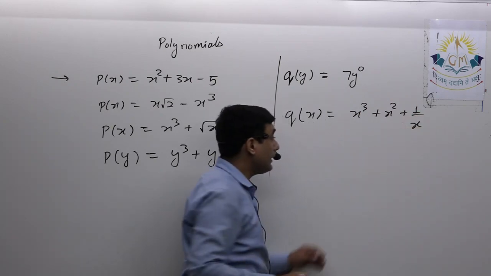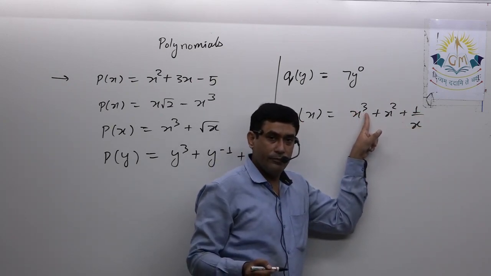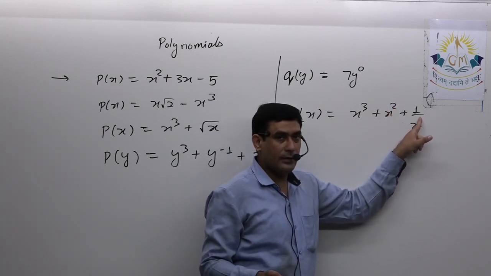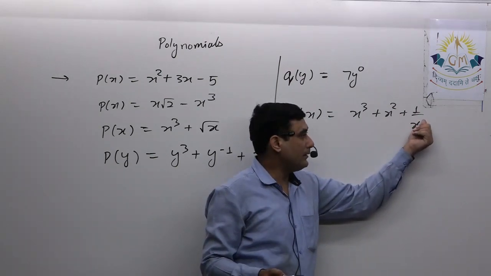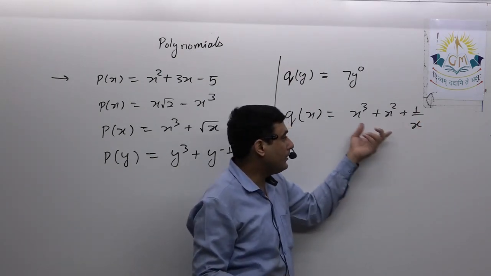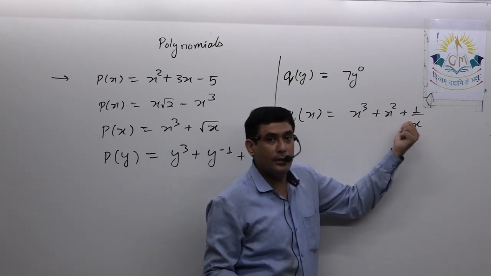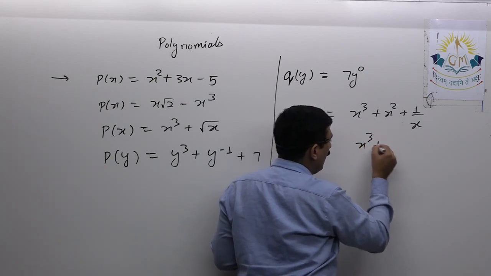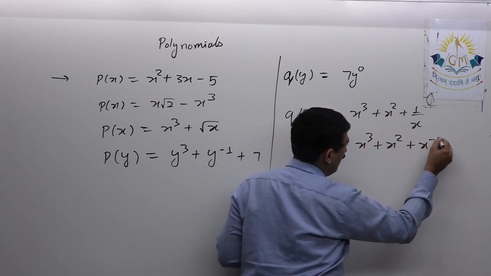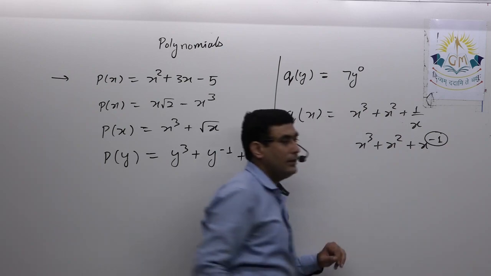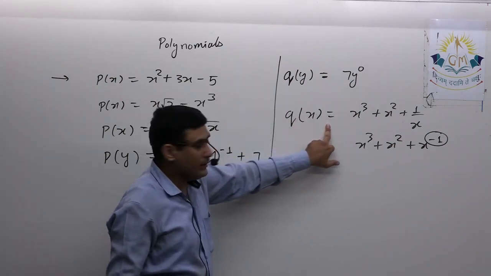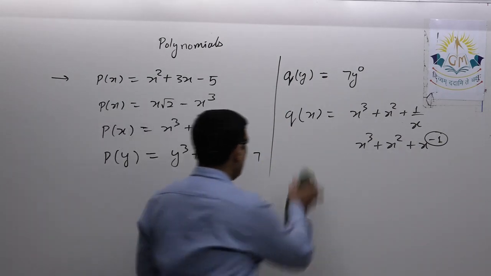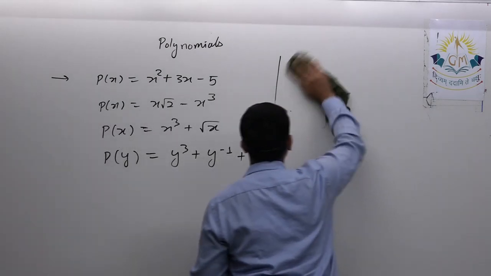If you directly see the powers, here it is 3, a whole number, here it is 2, a whole number, here it is 1, isn't it? So you may say that it's a whole number, definitely, but as I told you, the variable must be in the numerator. If I write this variable in the numerator, I will get x raised to minus 1, and this minus 1 is not a whole number, so I will say this is not a polynomial. So here we see how to identify the polynomial.